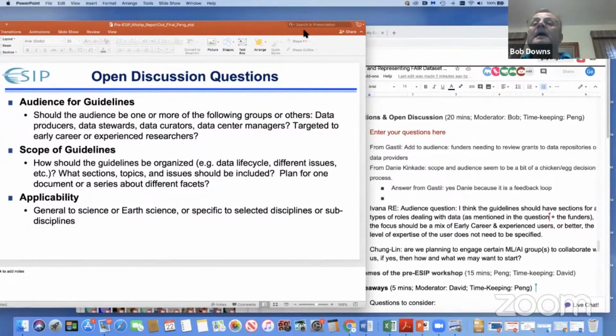So I see that each of these different audiences could find value in this, but certainly we would want the data facilities to take a major role to facilitate a lot of this. Great. Yeah.